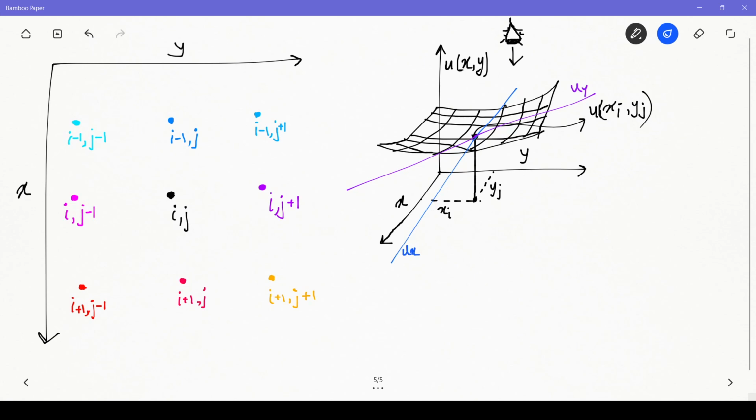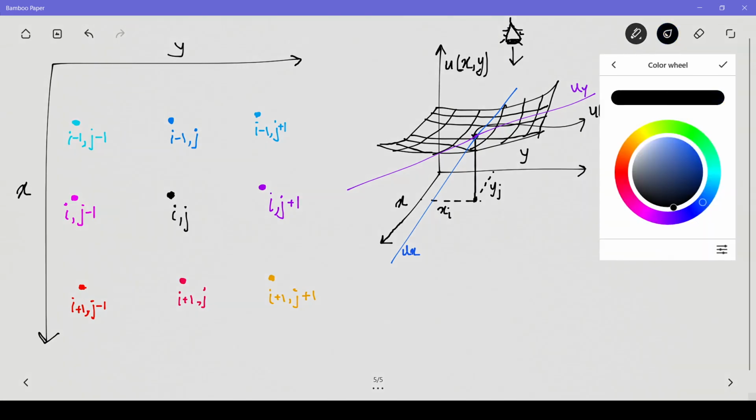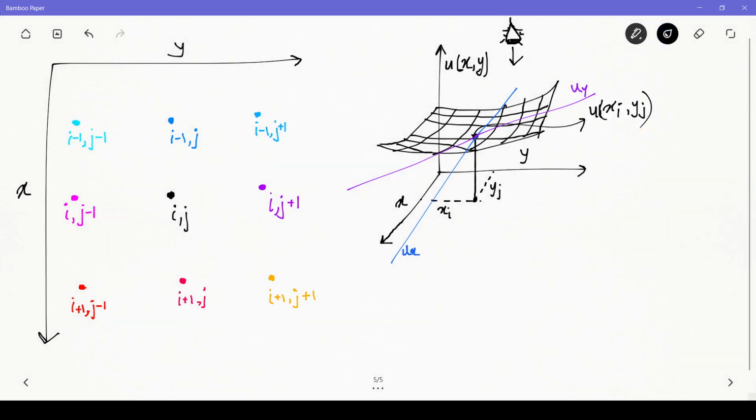Okay. Fine. So our goal was what? If I recall, our goal was to derive the uxy formula, right? So let's try to derive that just for the sake of your understanding. So we know that uxy at the point x sub i comma y sub j, our goal is to find out this formula, right?